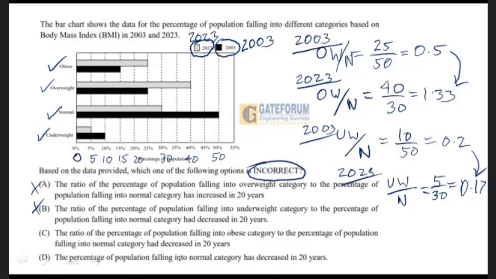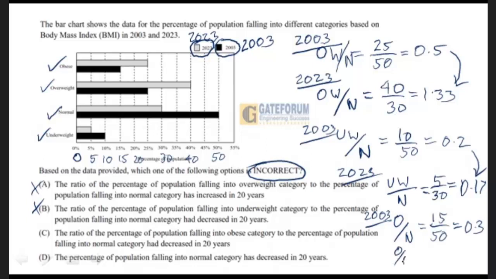Let us now go ahead to the next one. Ratio of the percentage of population in the obese category to the percentage in the normal. Obese and normal in 2003, the black one, would be 15 divided by 50, which is 0.3.